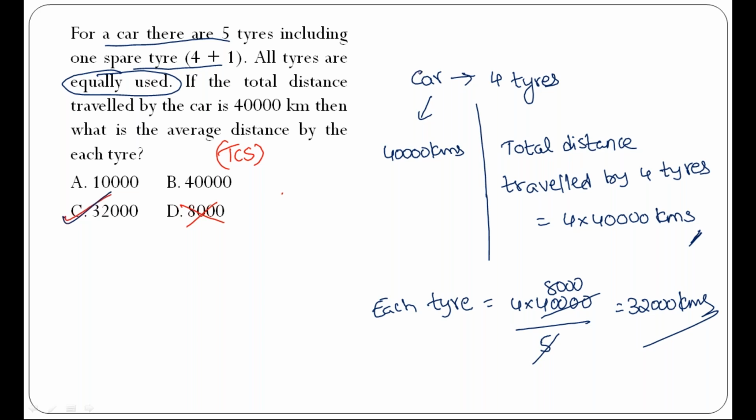That should be distributed among 5 tires equally. So that's why divided by 5. Excellent, guys. Finally, we'll get 32,000 kilometers as the distance traveled by each tire, equally, in fact. Very good, friends. Now let's go for the next.